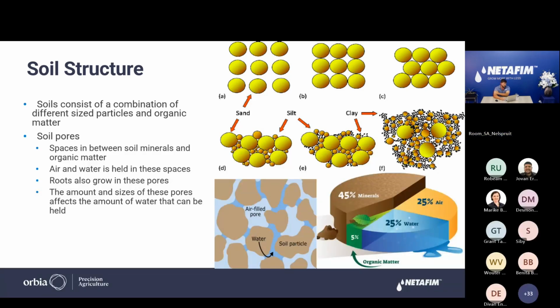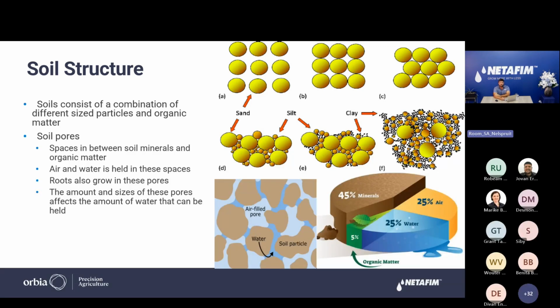But as you can see, in healthy good soils, it randomly spaces itself and mixes itself throughout the profile. So when we want to look at how water moves in the soil, we need to understand how this combination of setup and structure affects my pores. Because the pores are the spaces between the soil minerals and the organic matter.